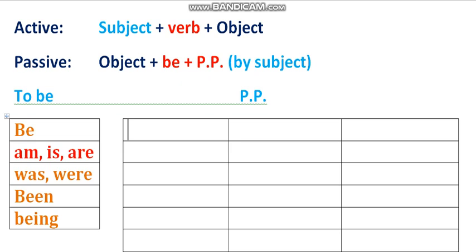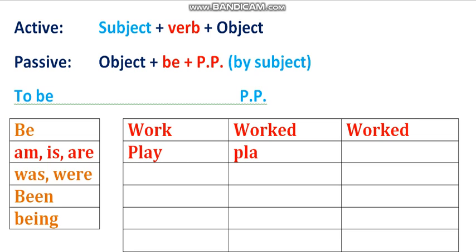If it's a regular verb, that's going to be super easy, like work, worked, worked. So just by adding ed we get the past simple and the past participle. Also, we can say play, played, played. Another example, cry, cried, cried.